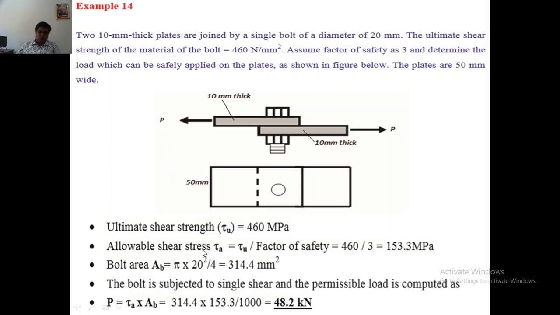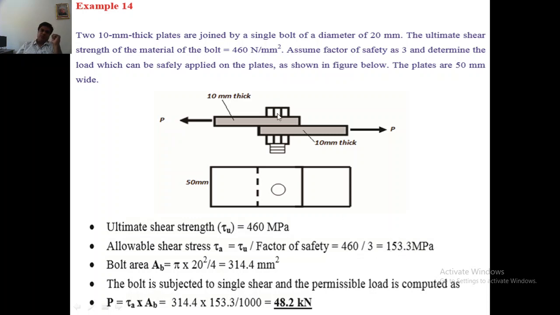This is the allowable shear stress or the design shear stress applied on this bolt. The actual strength of the material of the bolt is 460 megapascal, but we are dividing it by the factor of safety 3 and reducing it to 153 megapascal.